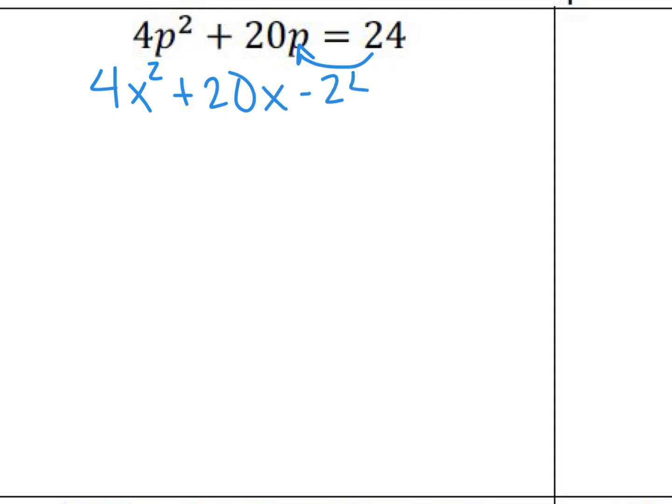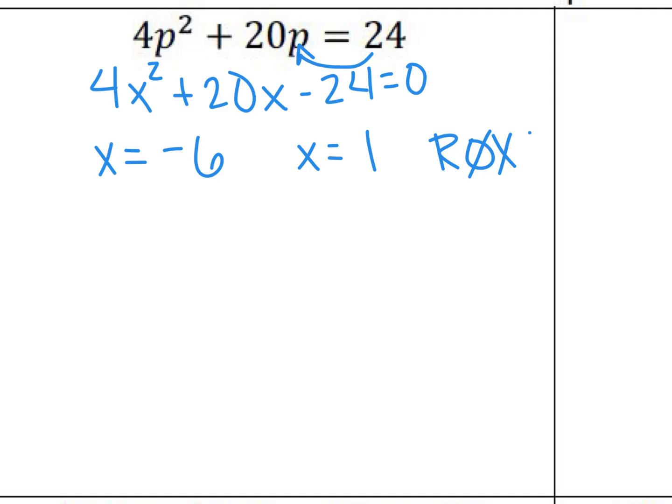Minus 24. So now we're going to graph it. We're going to put this in Desmos, and we're going to get x equals something for the roots. So let's do that just like we did in our warm-up. So we got x equals -6 and x equals +1. These are our roots, our x-intercepts, our solutions, our zeros.